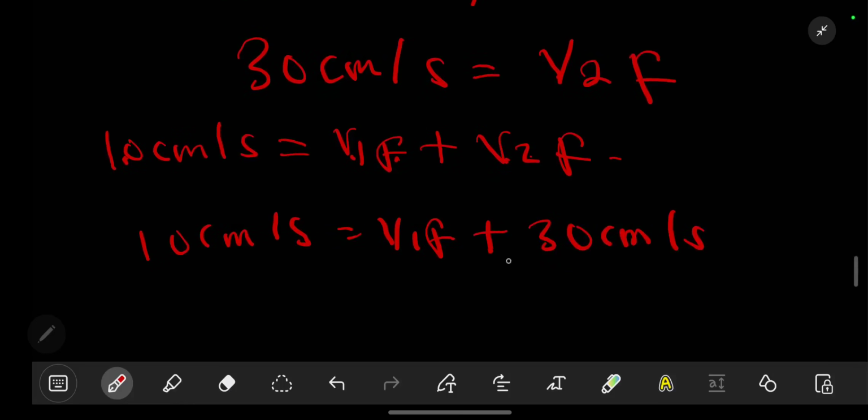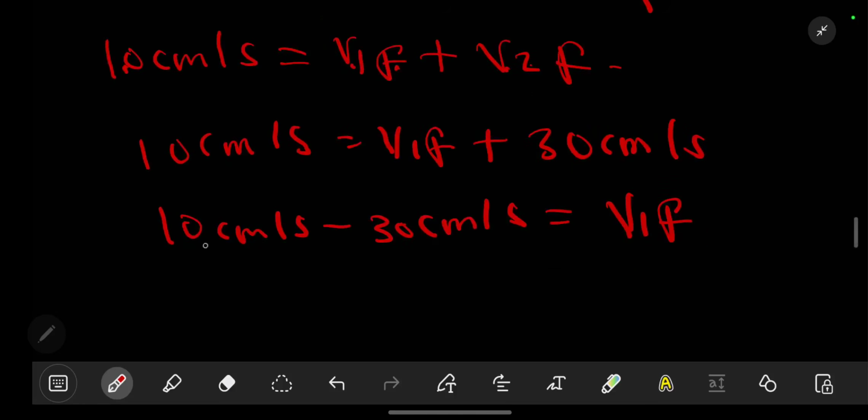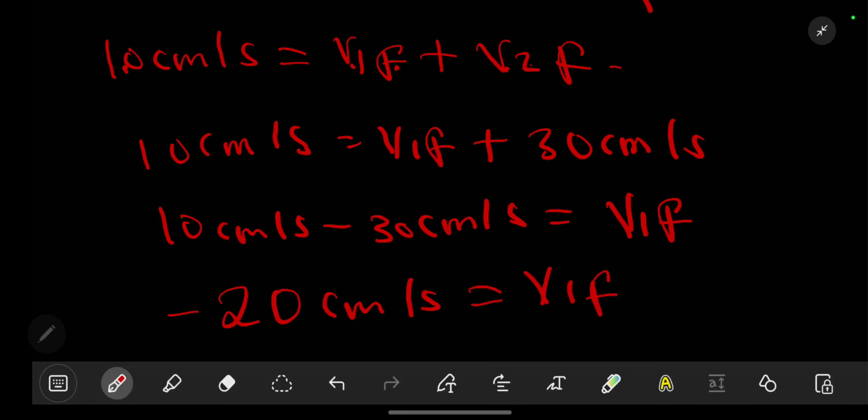We take this 30 to the other side, so it will be 10 centimeters per second minus 30 centimeters per second equal to V1 final. 10 minus 30 is negative 20 centimeters per second, which equals V1 final.